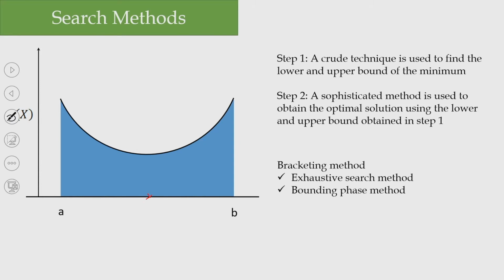Suppose I have a function like this. This is not a unimodal function, because in that case we have more than one minimum. But this function is a unimodal function, and there is only one minimum. I can apply the same algorithm to a function like this, which is also a unimodal function having one maximum.